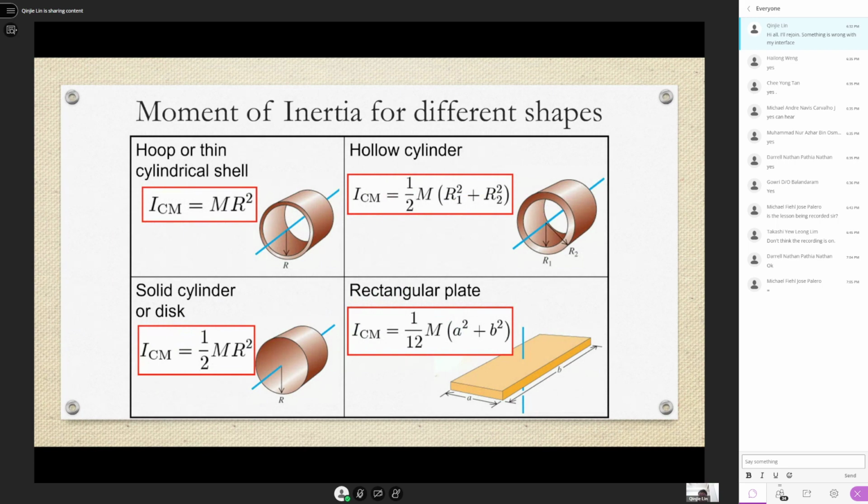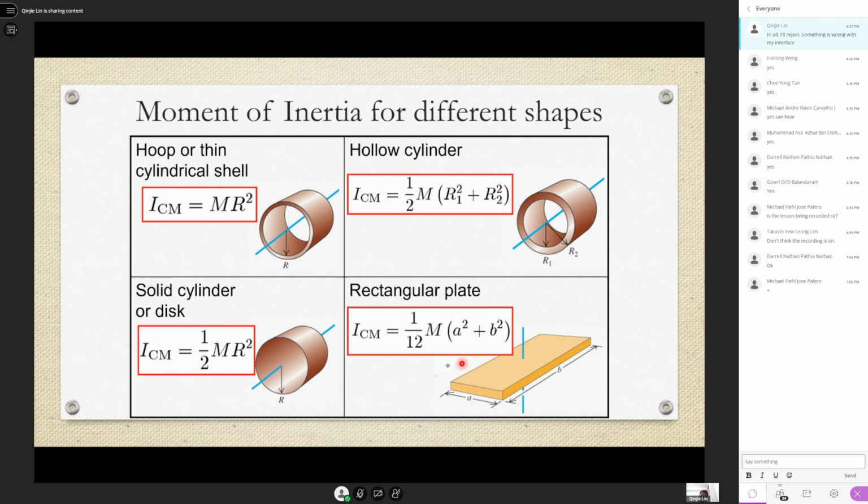Okay, then we continue on the slides. After this, it's just a summary of the moment of inertia for different shapes. This one we have gone through already. Hoop, a hollow cylinder, is a general formula. Solid disc. Rectangular plate, we never show the derivation.